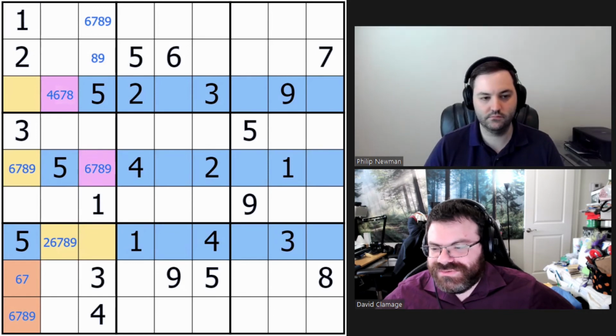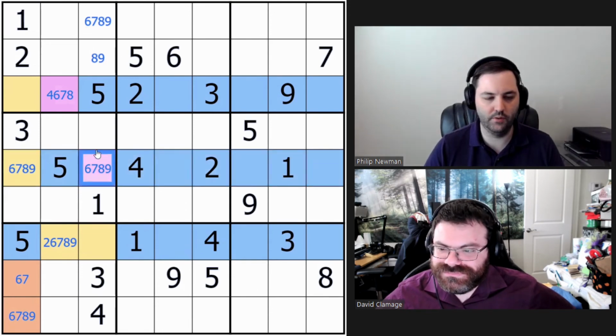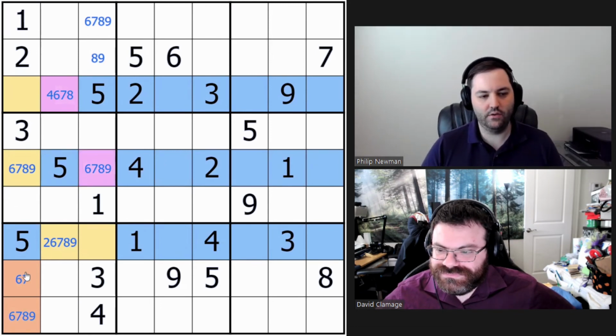Is there a reason you didn't yellow in row 6, or just not important? In row... Oh, because it's in the cross line. We only care about the cross lines. I just clicked it by mistake. All right, so 6.